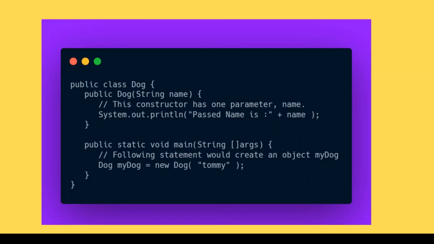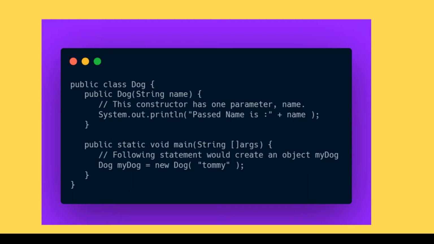We have passed a parameter which is the name of the dog, which is Tommy. So that Tommy name will be passed to the Dog function, and what will be printed: the passed name is Tommy. This statement will be printed on our screen.